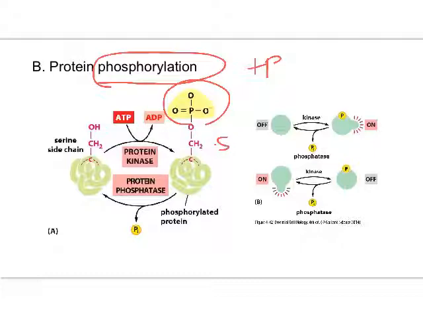But this phosphate group changes the conformation of the protein, as you've got these negatively charged groups coming in, causing that conformational change. And as I said, it controls the activity of many proteins, and scientists have measured that over a third of the proteins in mammalian cells are phosphorylated at any one time.